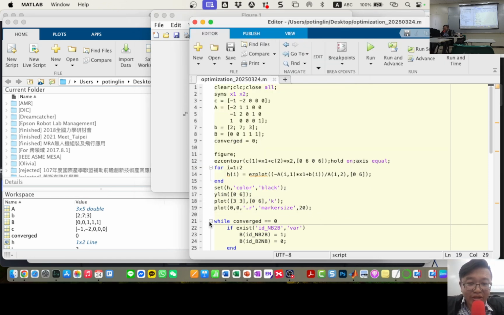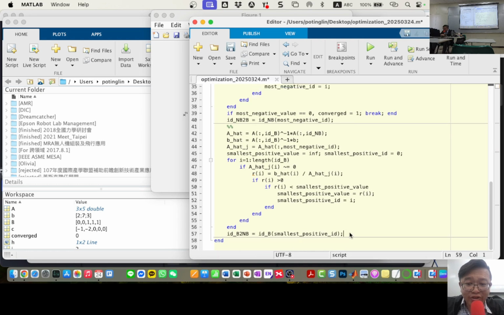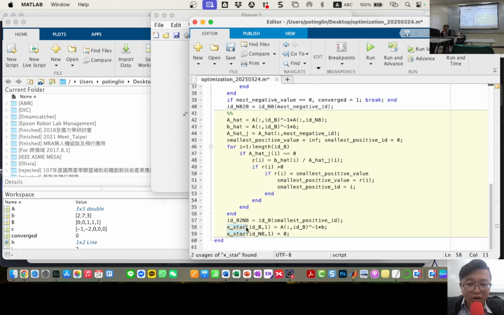Now every time at the end, I will quickly solve for my x1 and x2, and then I plot out. So I will do this every time at the end. So I'm gonna call it just x point, not yet the star, x point.